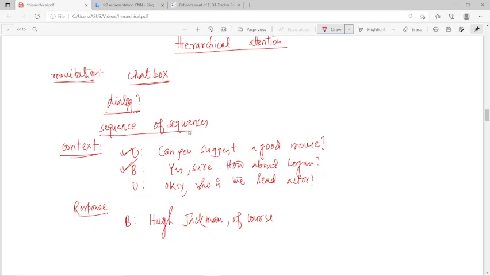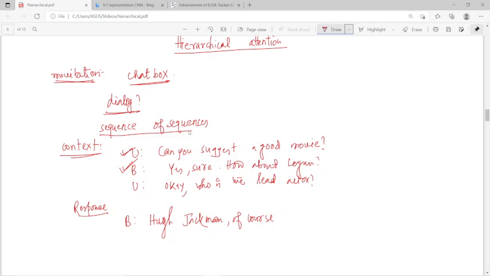So can you think of an encoder of such sequence of sequences, right? What I am saying, it is clear. That means there is a dialogue between a user and a bot, right? And the dialogue will contain sequence of utterances between the user and the bot, and of course each utterance is also a sequence of words.